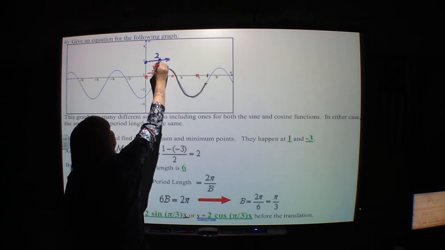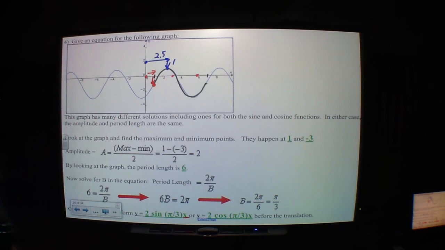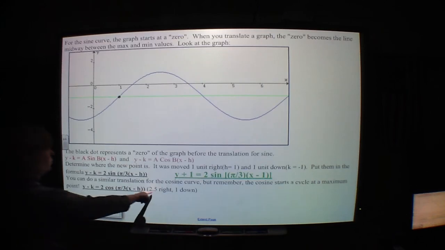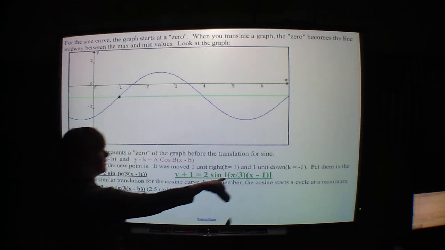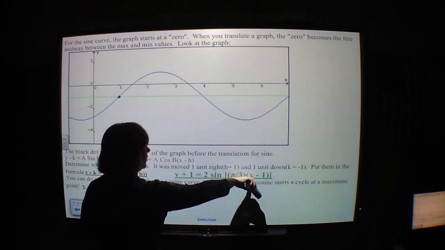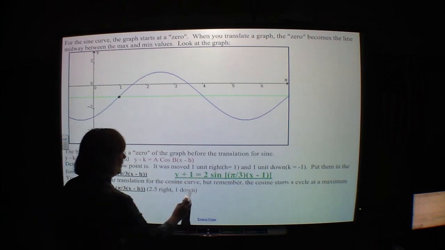So I'm going 2.5 this way and 1 down that way. So 2.5 to the right with the cosine right here would be x minus 2.5, and down 1 would be the y plus 1.